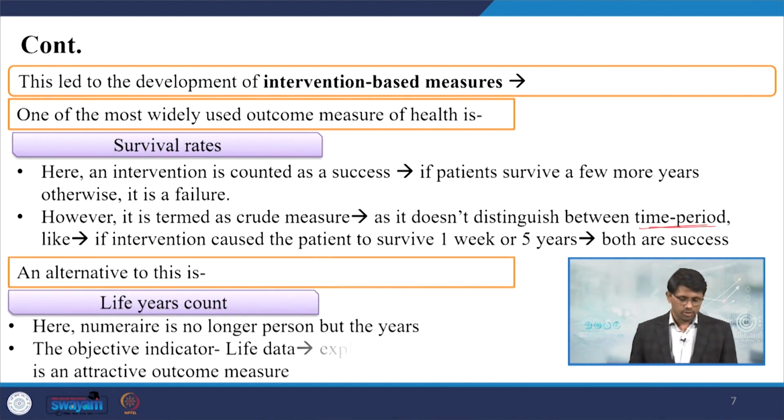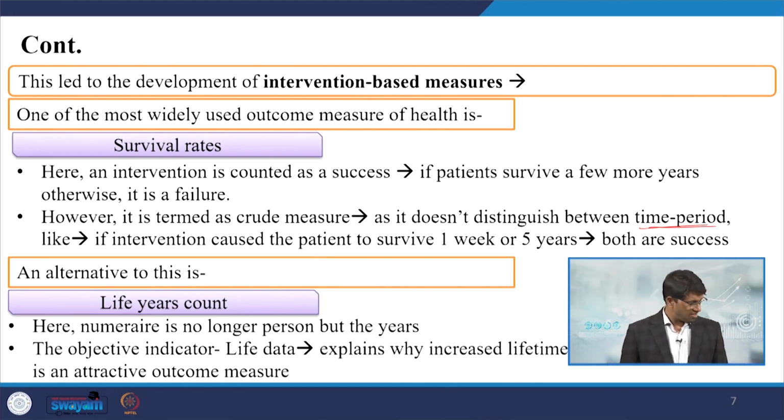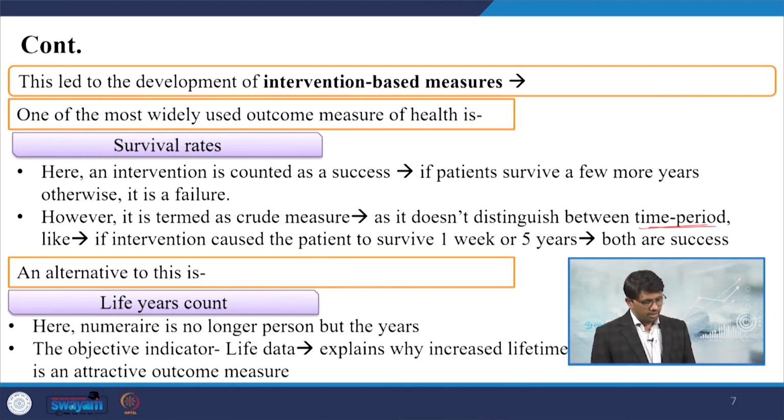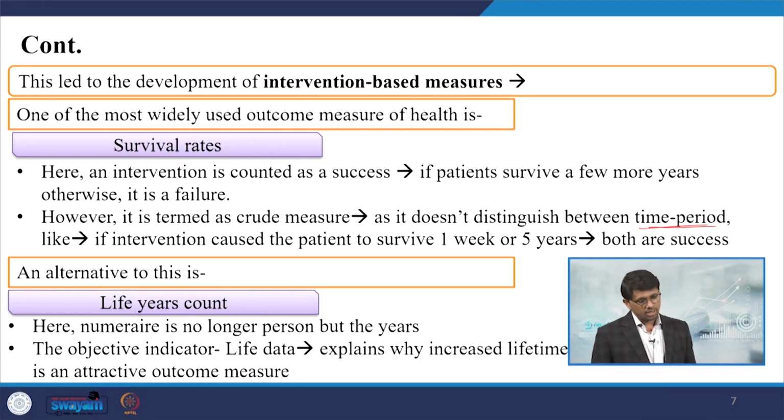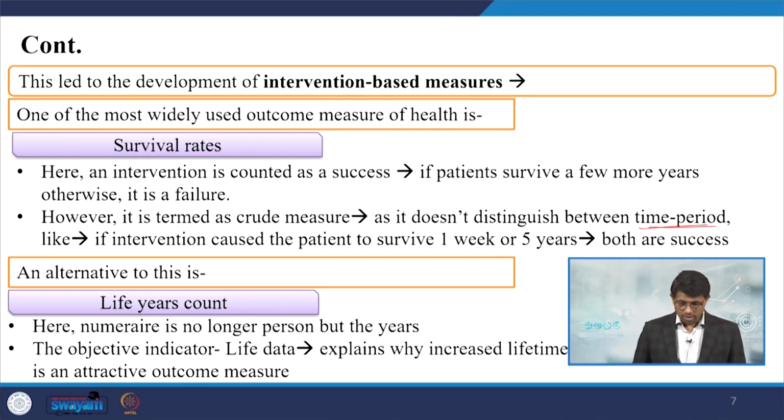An alternative to this is the life years count. In this case, it is contrasting with the survival rate which we have taken, where something is missing. I am just mentioning here that the numerator in the life years count case is no longer a person, but the emphasis is on years. All right.